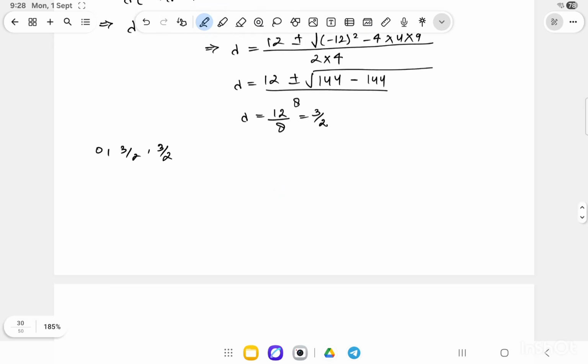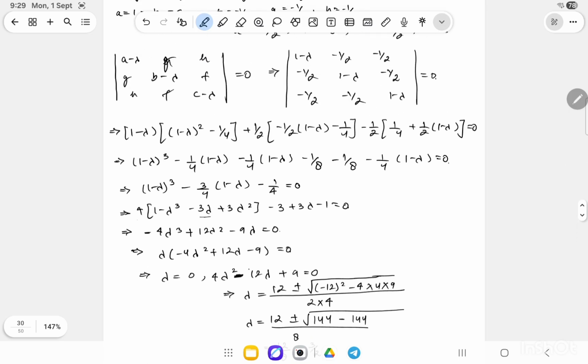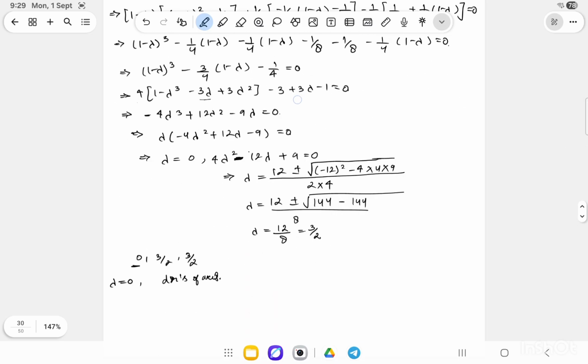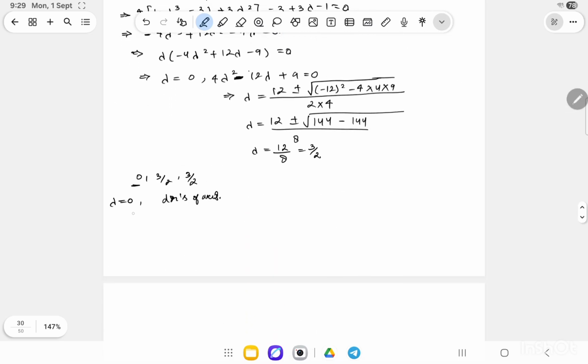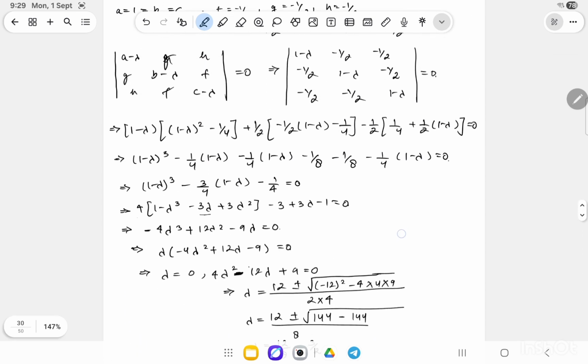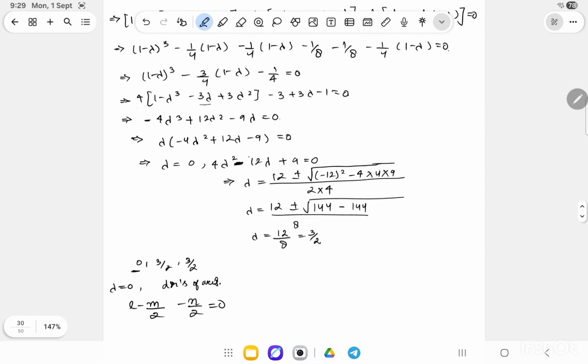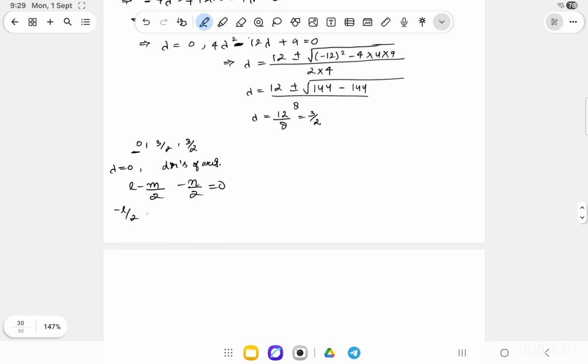Let's find the direction cosines of the axis with respect to lambda equals 0. When lambda is 0, the direction ratios of the axis satisfy l minus m by 2 minus n by 2 equals 0, and minus l by 2 plus m minus n by 2 equals 0. Let's solve this for l, m and n by the cross multiplication method.